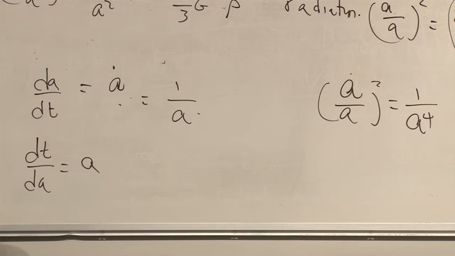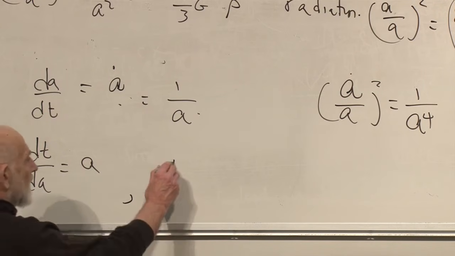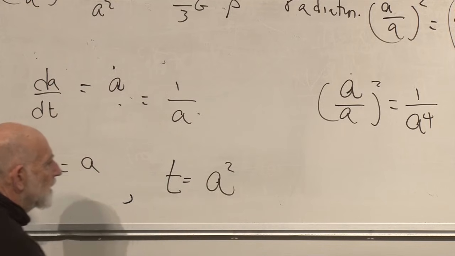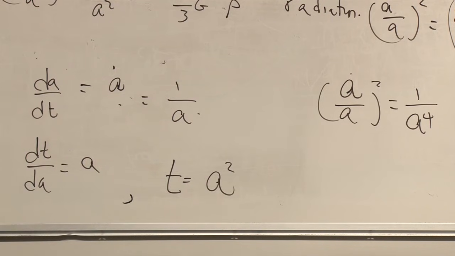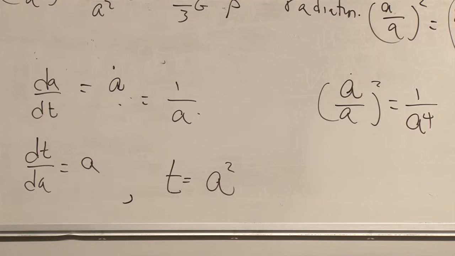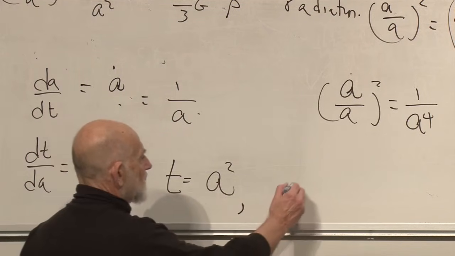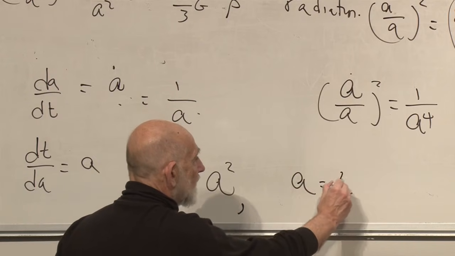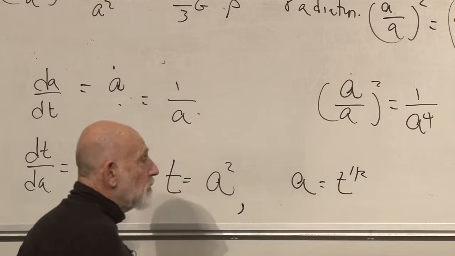Yeah, A squared. 1/2 A squared to be exact. So that says that t is like A squared. Maybe there's a 1/2 here, but that's not important. The thing is that t varies like A squared, or that the scale factor varies like t to the 1/2, square root of t.